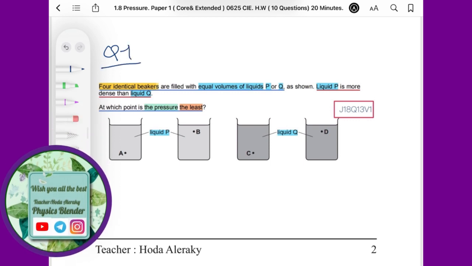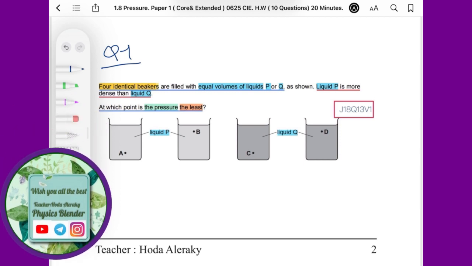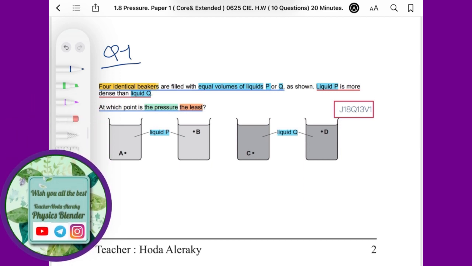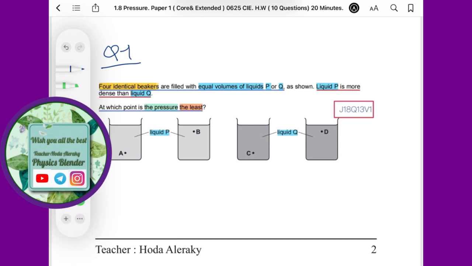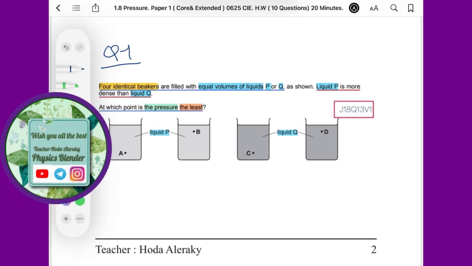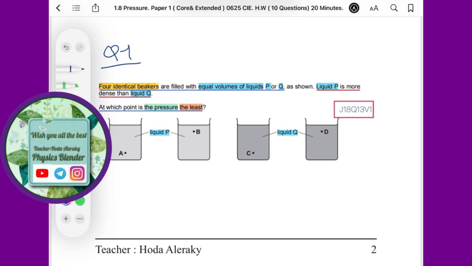We have 4 identical beakers and equal volumes of liquids P and Q. Liquid P is more dense than liquid Q. Again, the concept: if you are discussing pressure of liquid, it depends only on vertical depth of liquid and density of liquid.